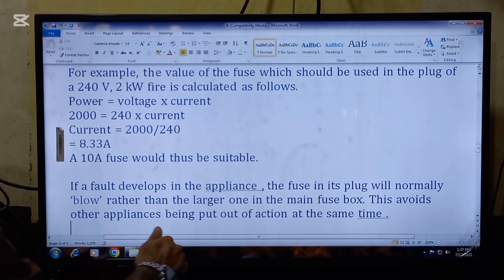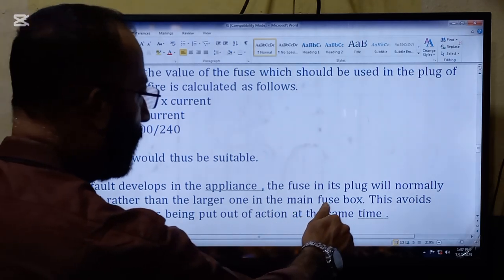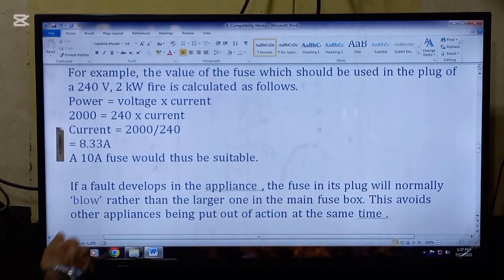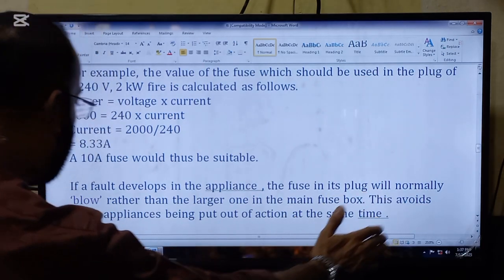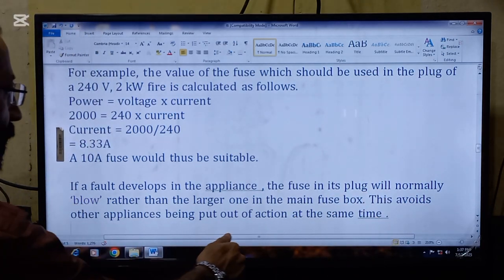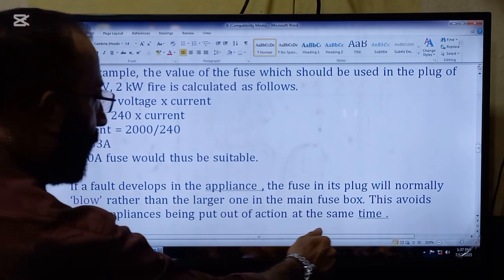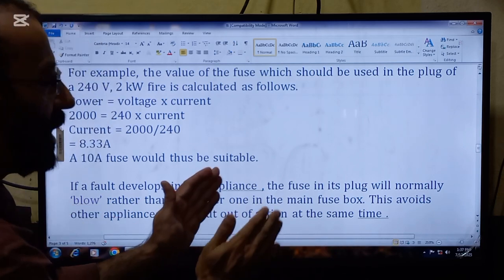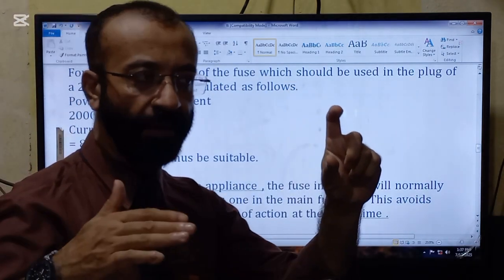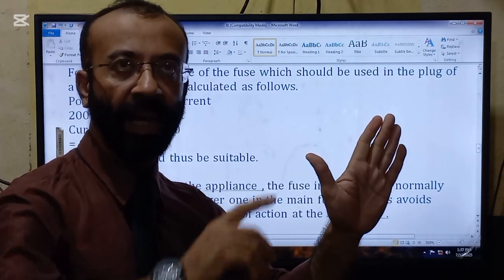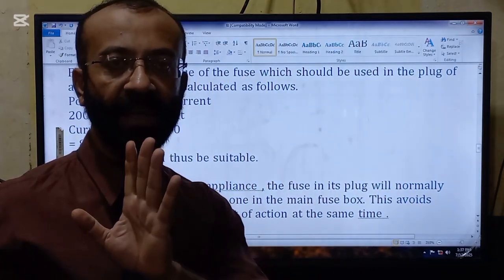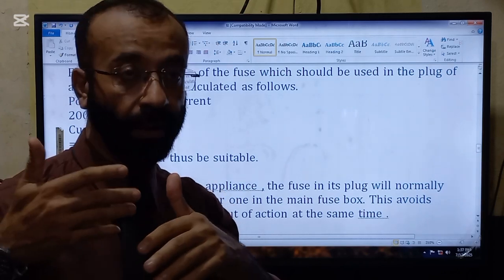If a fault develops in the appliance, the fuse in its plug will normally blow rather than the larger one in the main fuse box. This avoids other appliances being put out of action at the same time. So only the particular appliance through which the larger current passes will have its fuse blow, and other appliances will remain on.